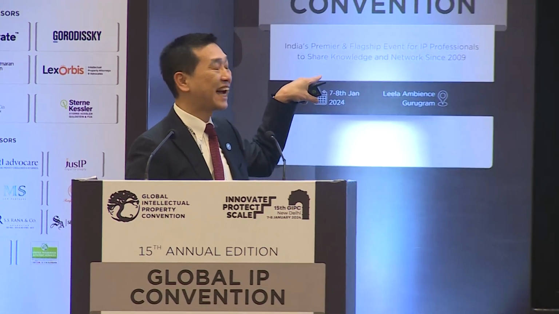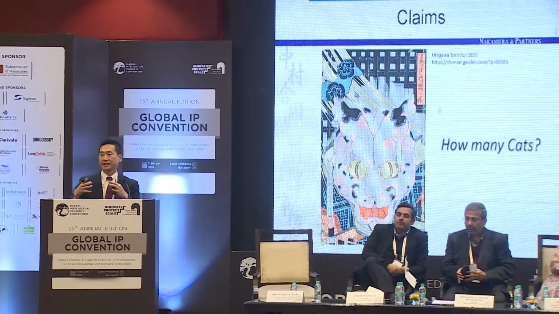So before starting, how many cats are in this slide, the art? This is a very old art in Japan. And you will see the face of a cat made by 9 cats here. So this is similar to how to claim an invention.